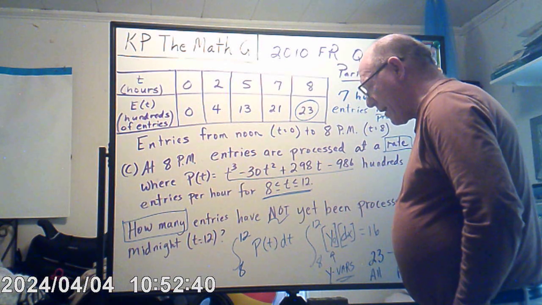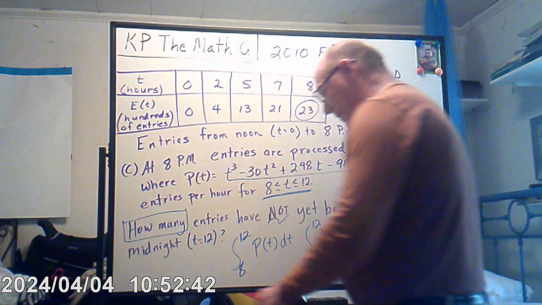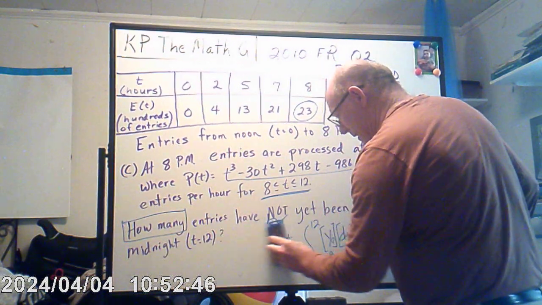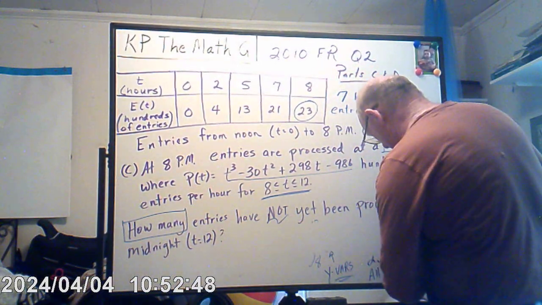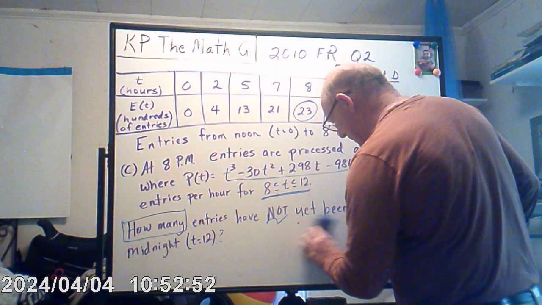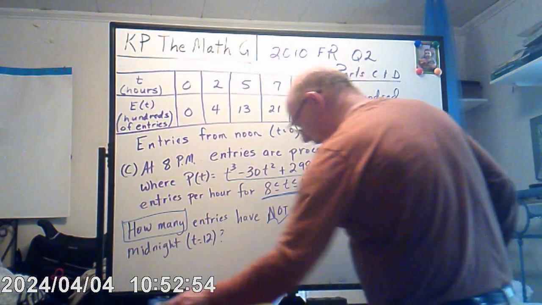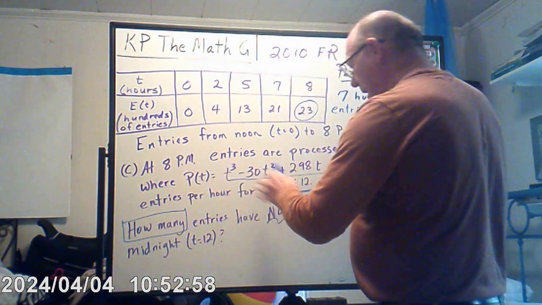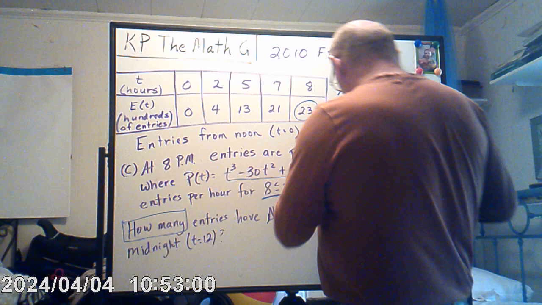Okay, now the second one is a good one, and I may need to go back and forth on this one, so I wanted to get this out of the way here. But now again, how many? This is the rate.